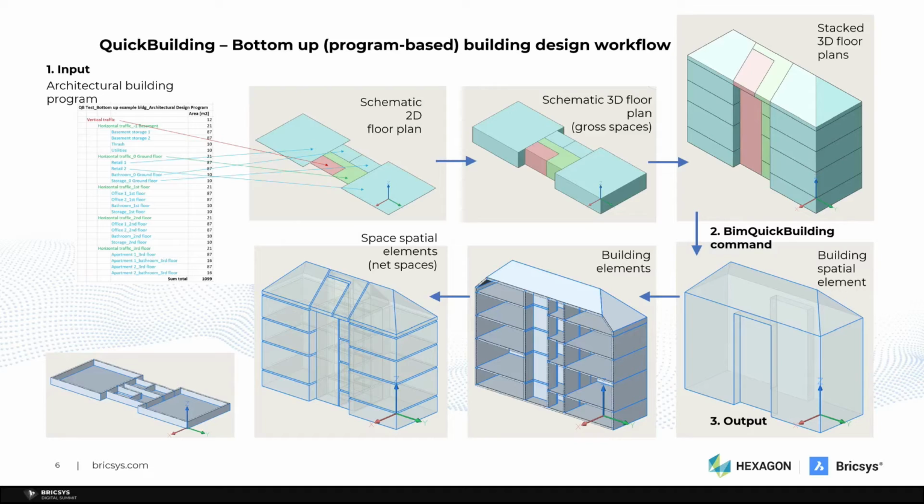You stack the stories to get the input solids, which you run through QuickBuilding, and the result is the spatial elements in a hierarchical order, and of course the generated building elements.